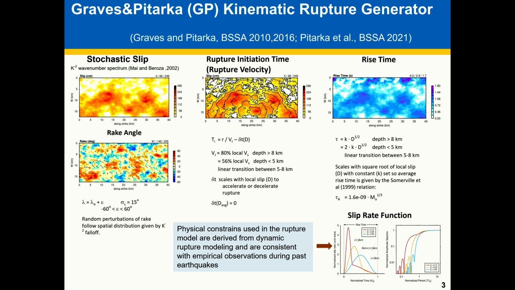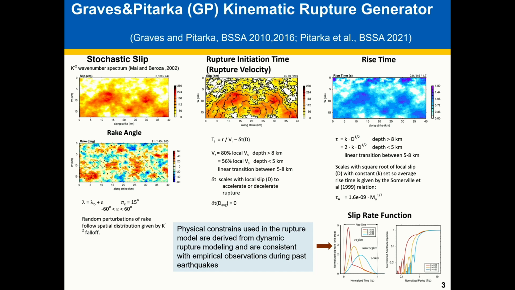But we also, as I mentioned, are still in the process of improving the model once we get new data, and we have been lucky that now there is a lot of new earthquake data. They're even closer to the fault, and this is a nice opportunity to improve our rupture model.